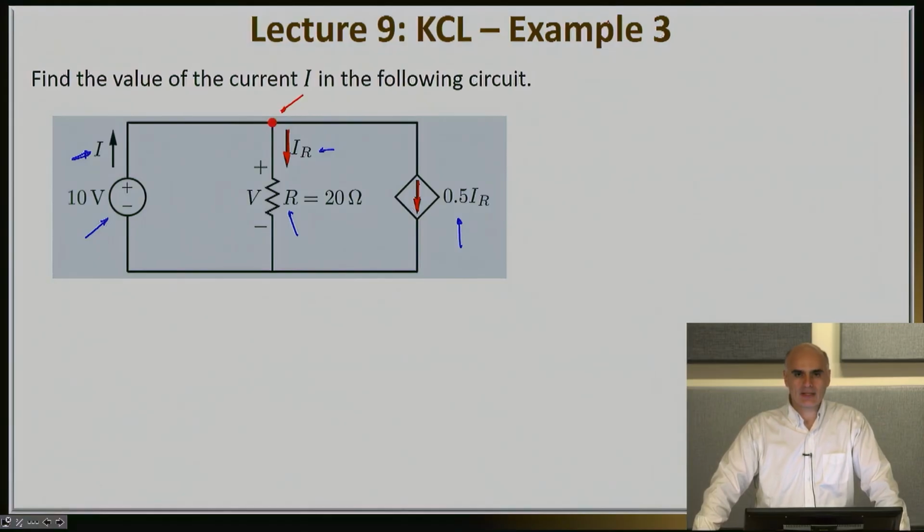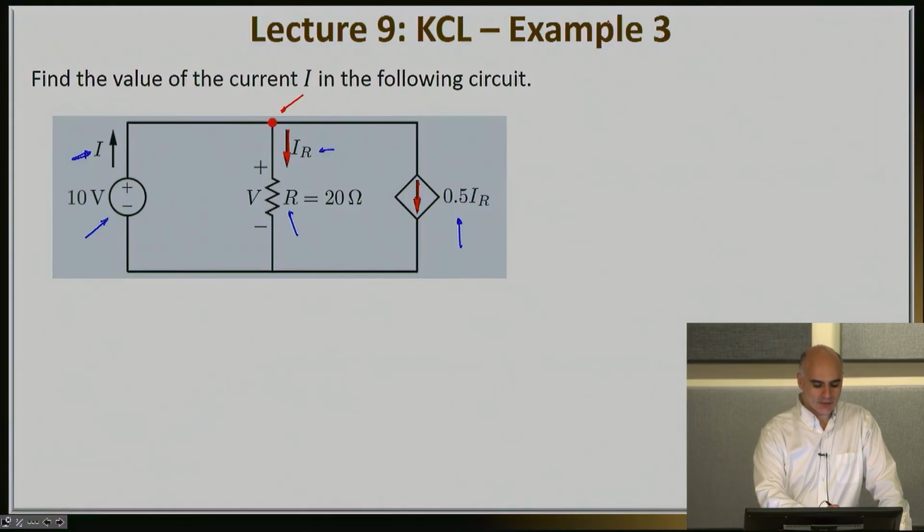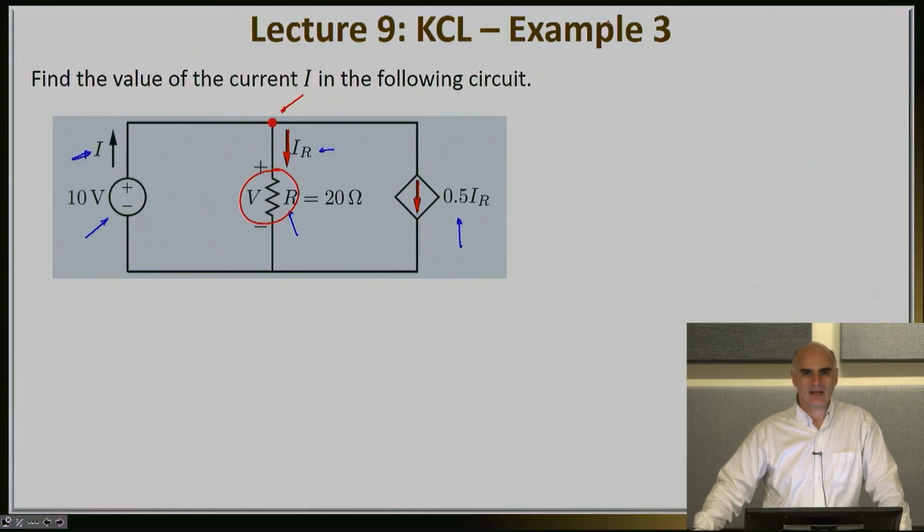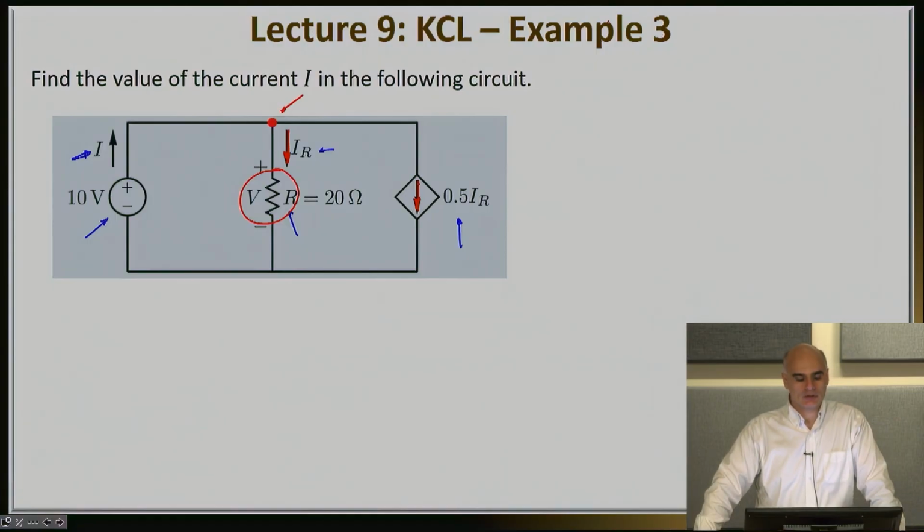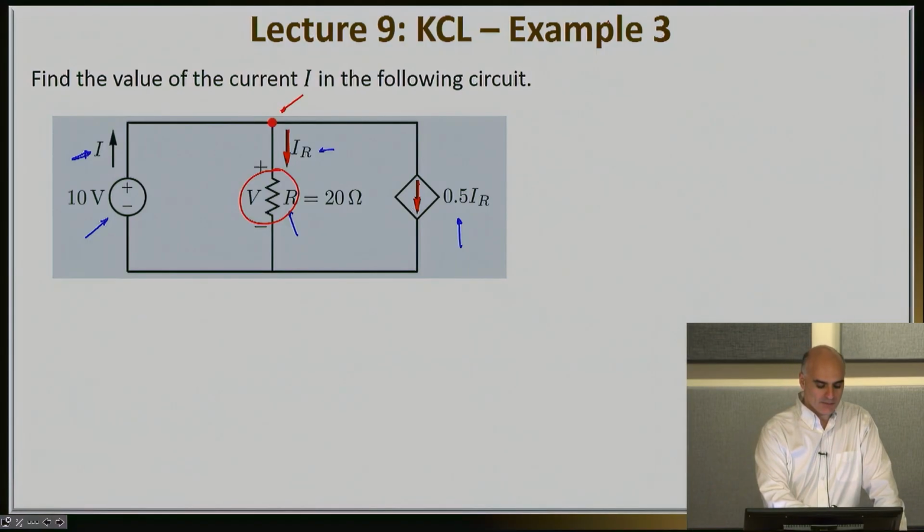Now, the good thing is that IR is a current that flows through a resistor, and we can apply Ohm's law to find exactly what this IR is. Why? Because this V, the voltage drop across the resistor, is the voltage drop between this red node here and this bottom node. And these are exactly the same electrical nodes as this one and this one.